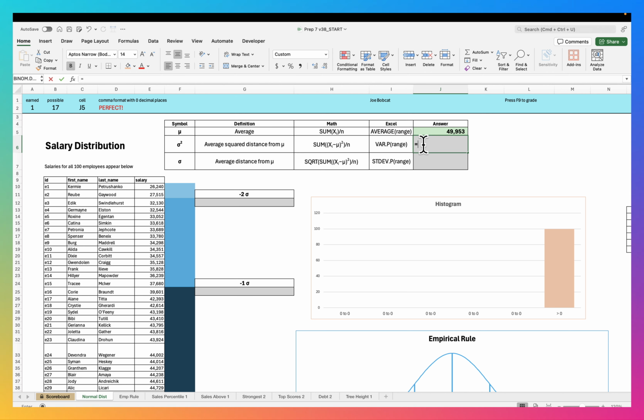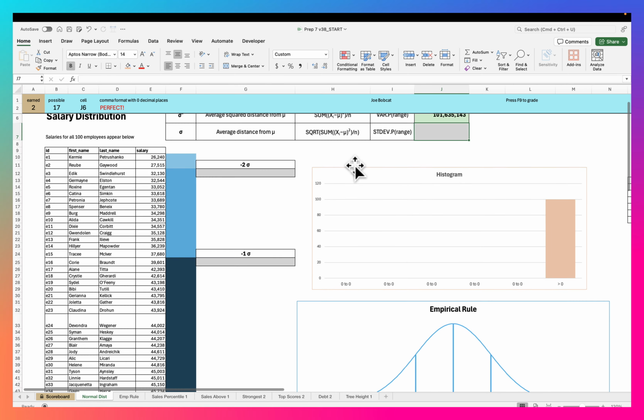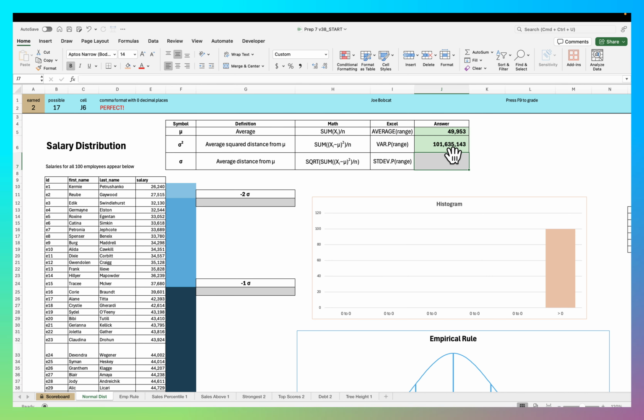But we can do that really quickly by typing equals VAR.P, P for population, because this is population data. Again, the range. And that's our variance. So it's a pretty high number. For a lot of things, it's kind of a hard number to understand because it's squared differences.